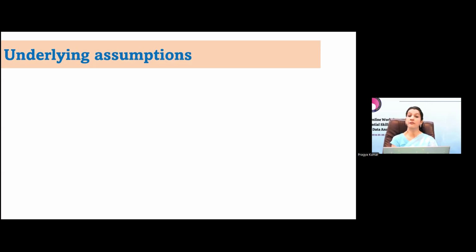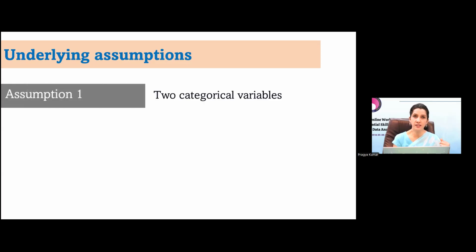But if you don't see the assumptions which need to be fulfilled, there are chances that you are likely to conclude something wrong. So the first assumption is that there should be two categorical variables, and there can be any number of levels of these two categorical variables. That means the categorical variable may be a binary variable or may be a polytomous variable.